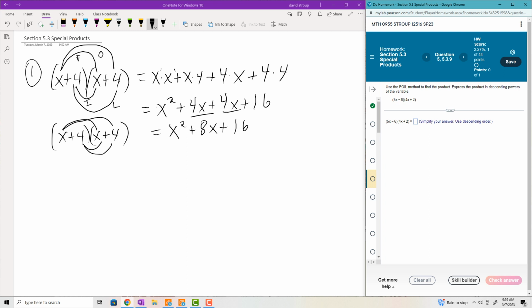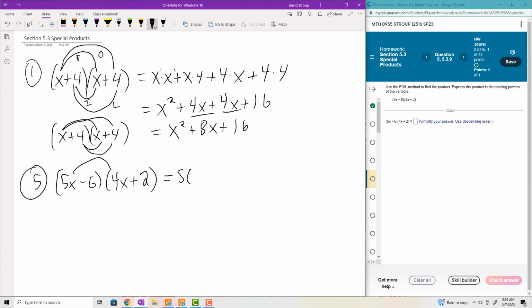Let's try number 5. So we have 5x minus 6 times 4x plus 2. So first, 5x times 4x, outer, plus 5x times 2, inner, plus negative 6 times 4x, and then last, plus negative 6 times 2.